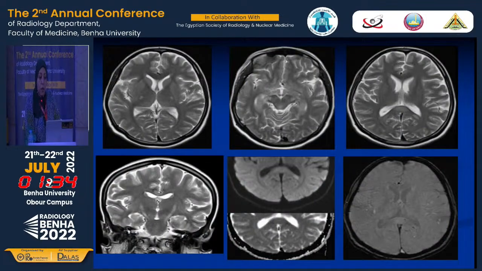On MRI there is bilateral symmetric hyperintensity located in the posterior limb of the internal capsule and hippocampi, and here on coronal there is flask-shaped signal alteration along the corticospinal tracts.